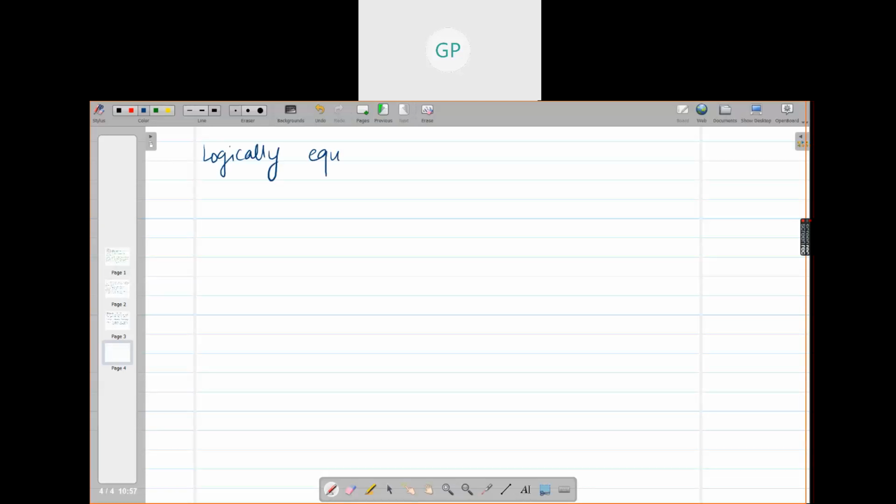They have the same truth value. When you consider two statements, simple or compound, and you find that their corresponding truth values are the same, then the two statements are said to be logically equivalent statements.